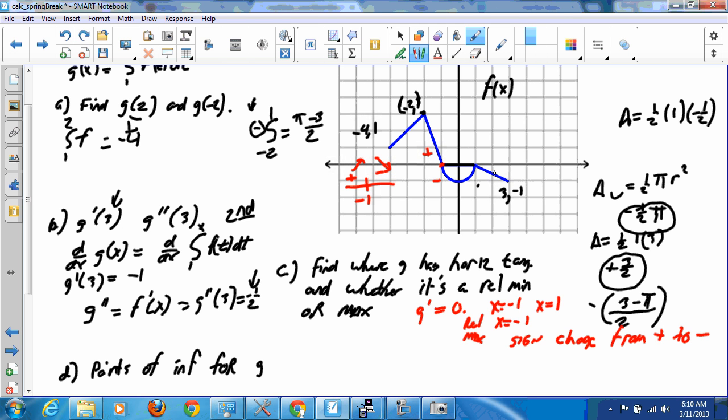Well, part D says points of inflection. So points of inflection for G, we're looking for where the second derivative equals 0, or where the second derivative is undefined.